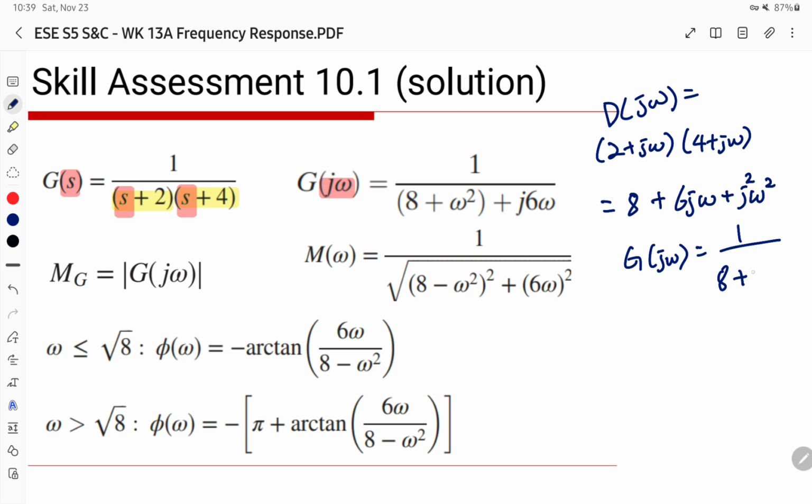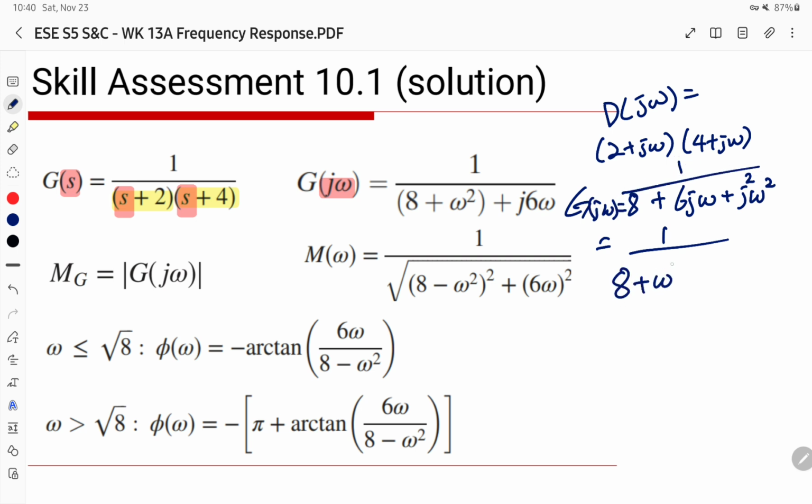So you end up with 8 minus omega square plus j6 omega. Note what happened to this j square.